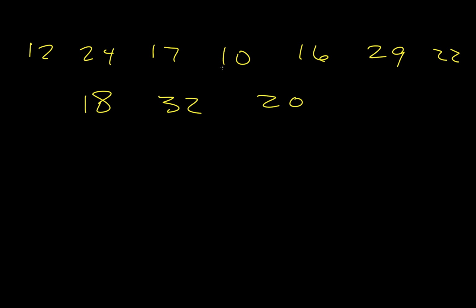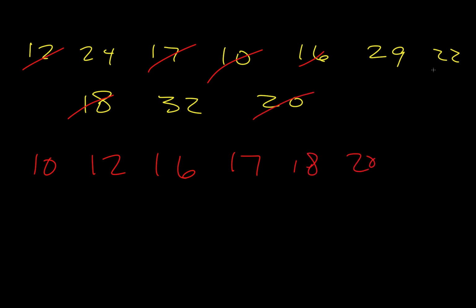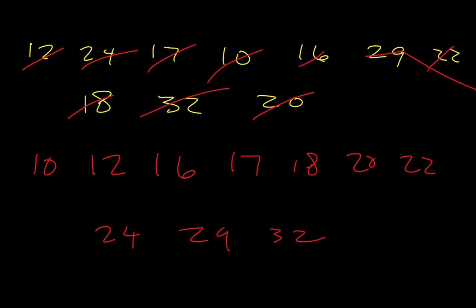If we write it from least to greatest, we do 10, 12, 16, 17, 18, 20, 22, 24, 29, 32.